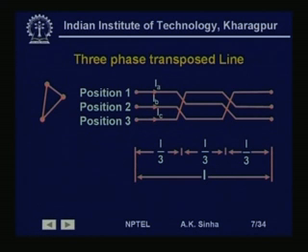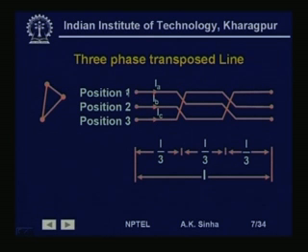As we have said earlier, because of physical limitations, it is not always possible to have an equilateral configuration for the conductors. So, by transposition, what we do is we try to make the flux linkage of all the 3 phase conductors more or less same. Now, if we have a transmission line, say from this point to this point, these 3 phase lines, what we do is we change the position of the 3 phase conductors over 1/3 of length of the line.